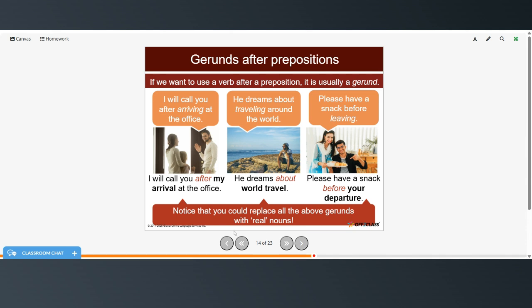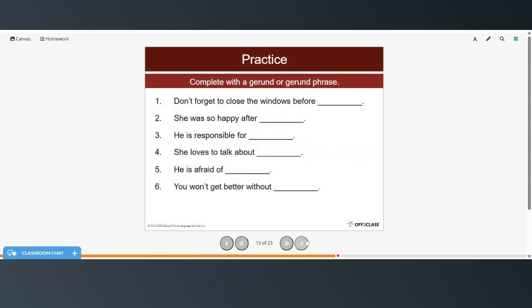So you could replace all of the gerunds with real nouns. Okay, so again, you're going to practice these on your own. There's no single right answer, but if you'd like some feedback, you can share your sentences in the comments.